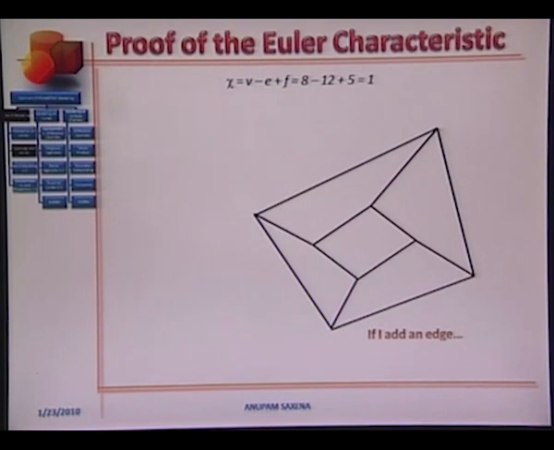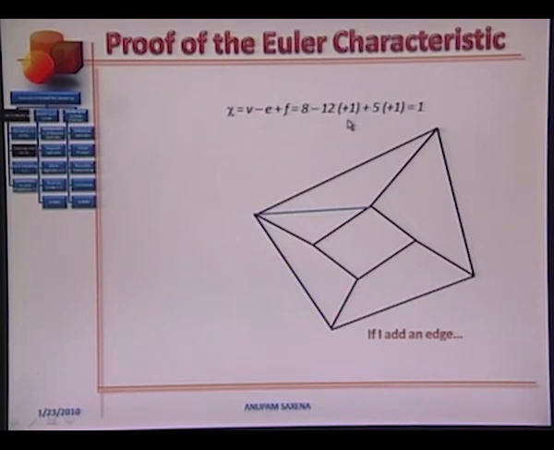If I add an edge like this, what I have done is I have increased the E value by 1, and what I have also done is I have divided this face into 2 faces. So effectively, I have increased the F value as well by 1.